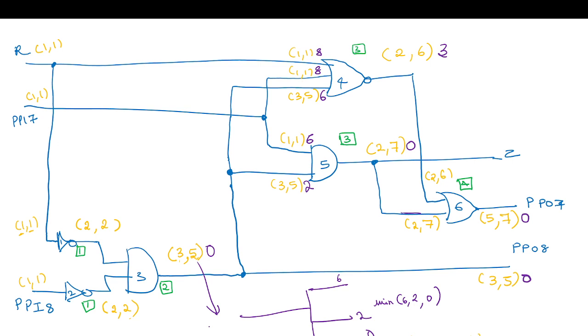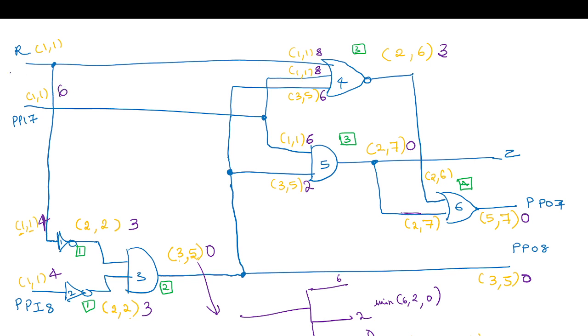Next stage, the other input should be 0. So 2 plus 1 plus 0 is 3. Again 2 plus 1 plus 0, 3. For this primary output, it is an inverter, so 3 plus 1, 4. What about this primary output? Minimum of 6 and 6, which is 6.